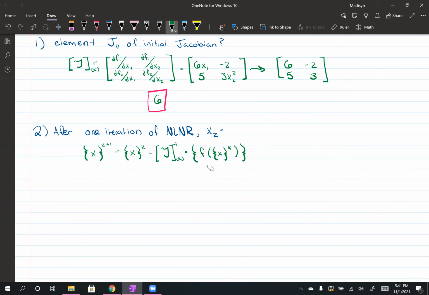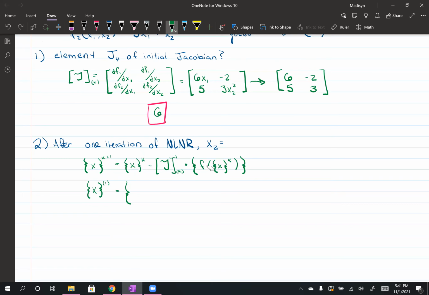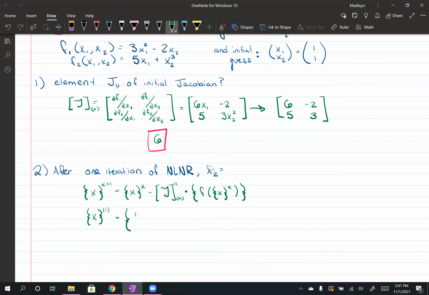So our update, our first iteration, is going to be equal to our initial guess, which I believe we set to 1, 1, minus the inverse of our Jacobian matrix from the initial guess.